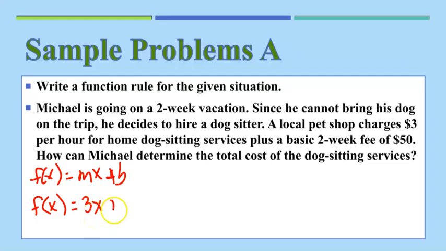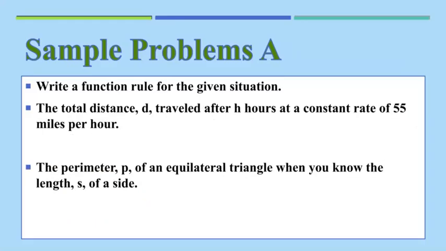And then there's a fee that you have to pay, the 2-week fee, which is $50. So you're starting at $50 no matter what for every 2-week period that you need. And then it's $3 per hour on top of that. So that would be our rule for this situation.